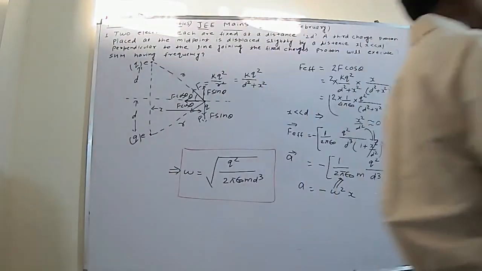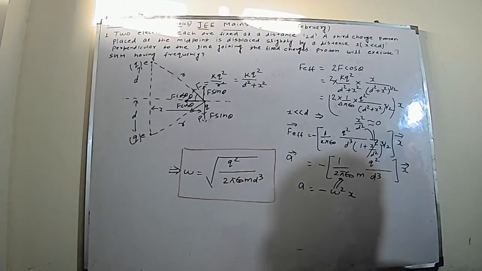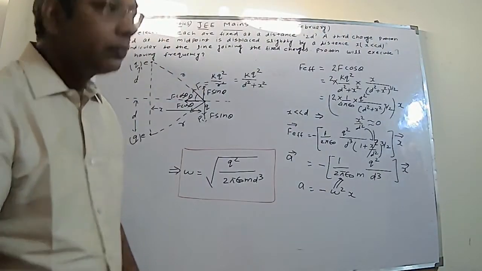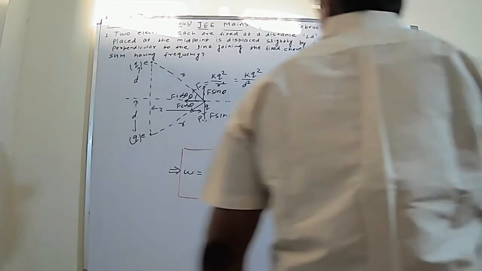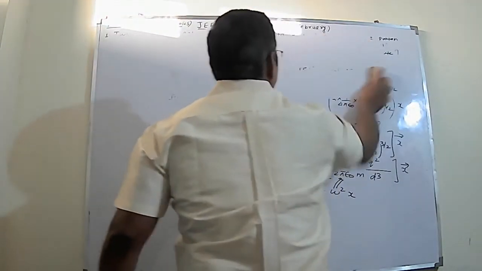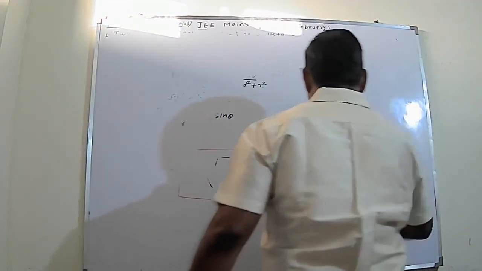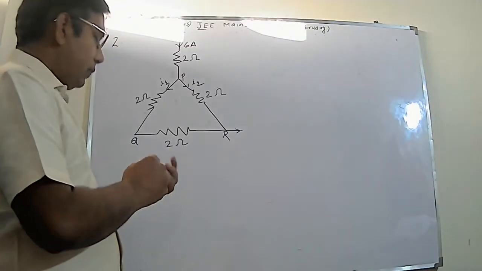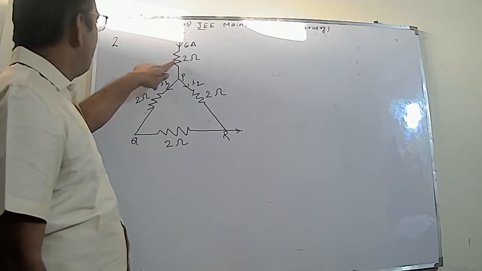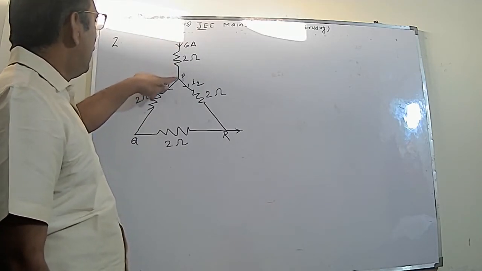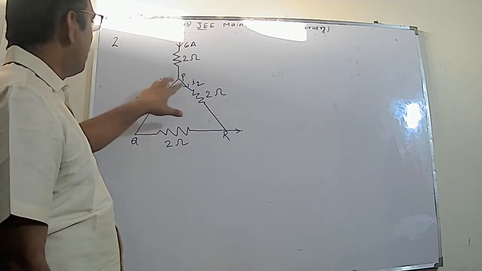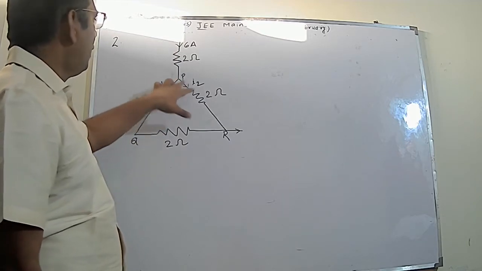So now we will go to the next question. In this question, what we are given here is 6 ampere current coming to the point P through a 2 ohm resistance, and here it is divided into two parts, I1 and I2.